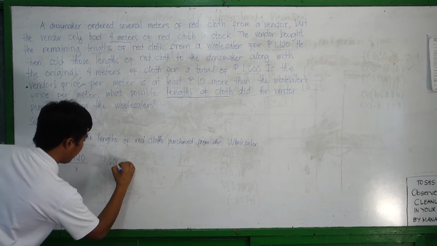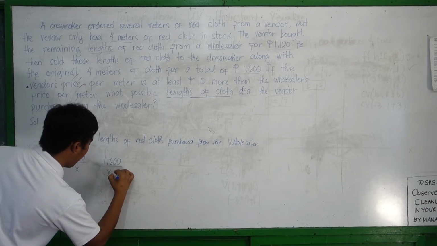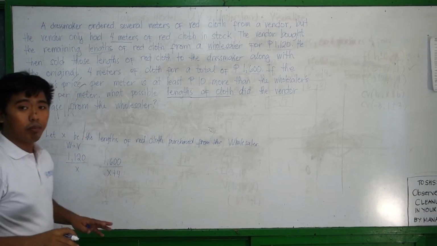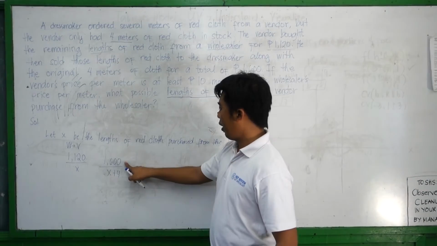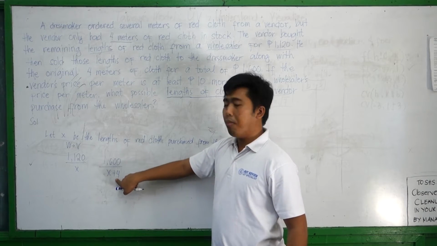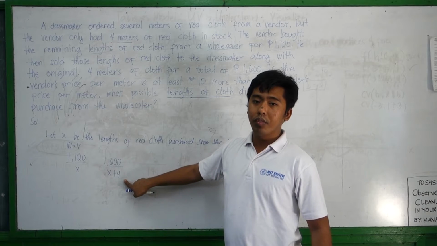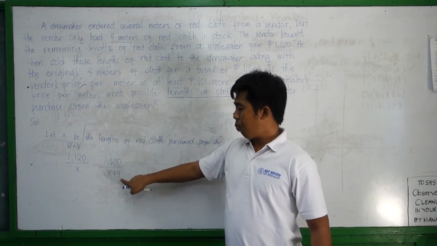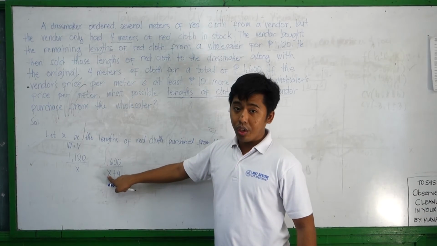1,600 over X plus 4. Why plus 4? When the vendor sold to the dressmaker, he included his available 4 meters of old stock. So, plus the remaining length, which we don't know yet.